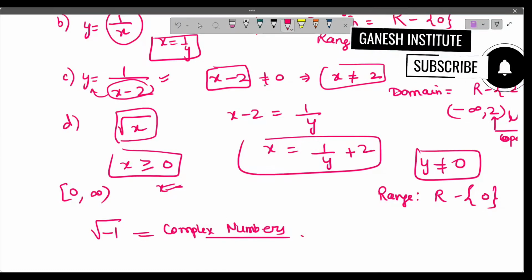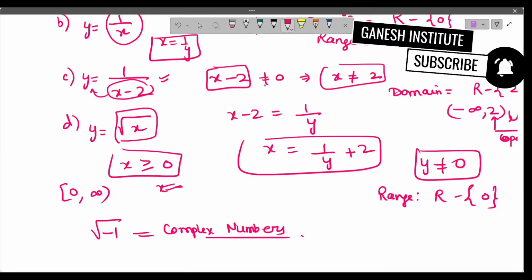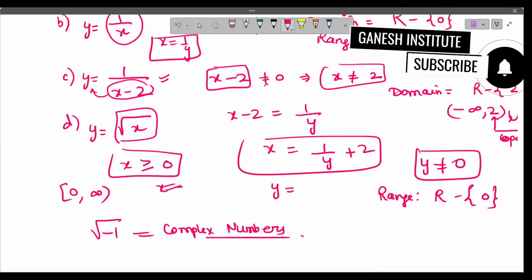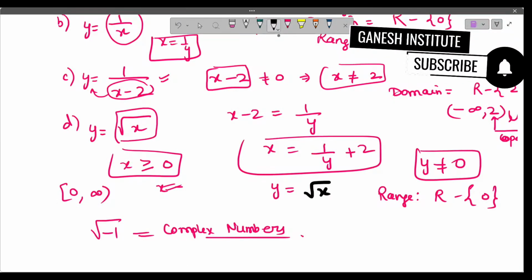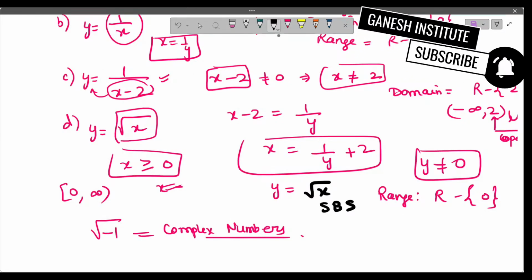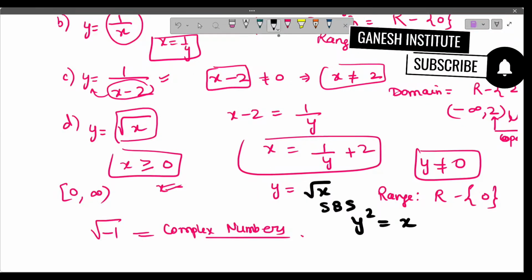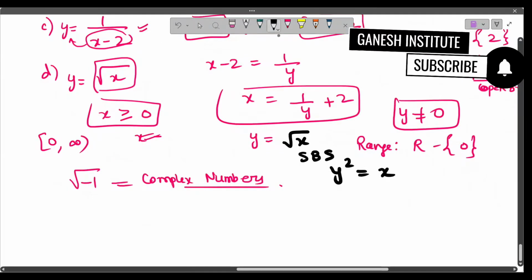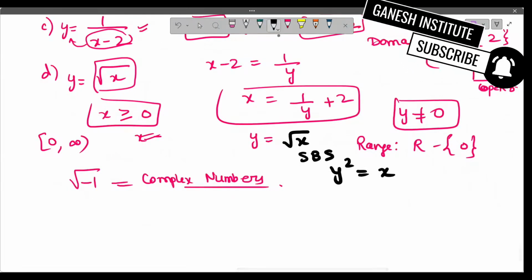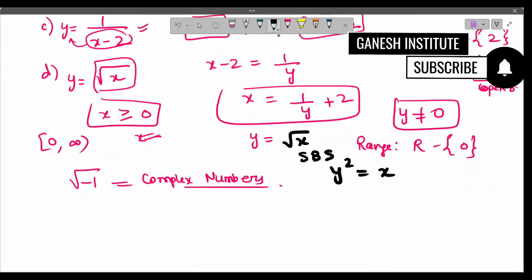And then if you have to find the range, you need to find the value of y. So in order to find the range, you just put x on one side, isolate the variables.